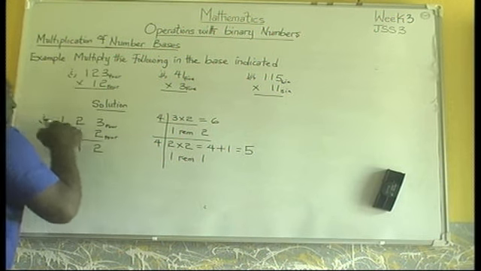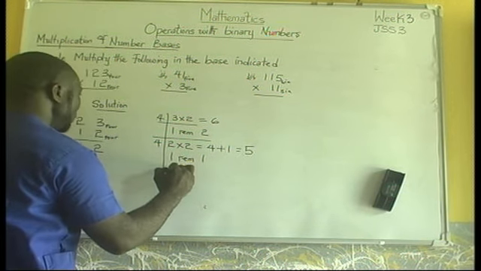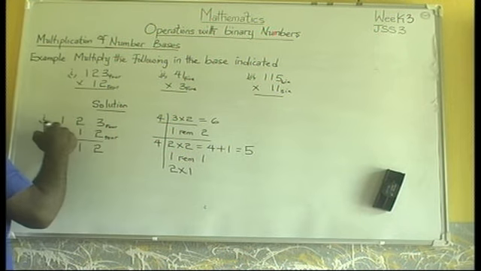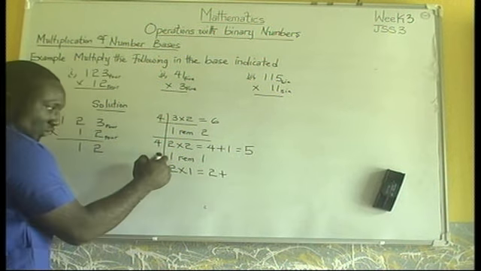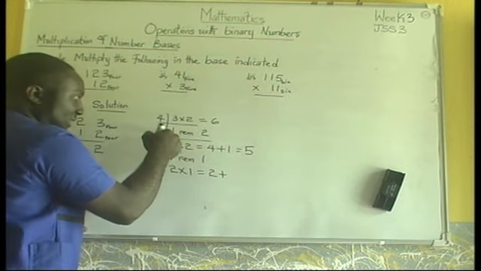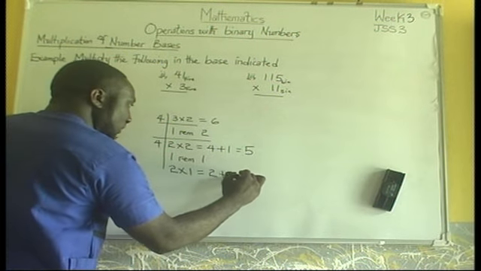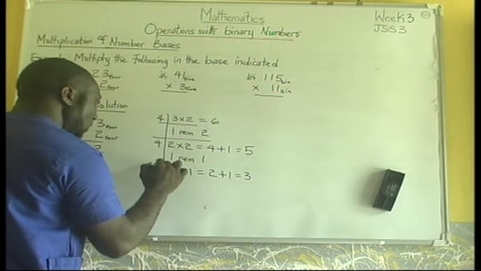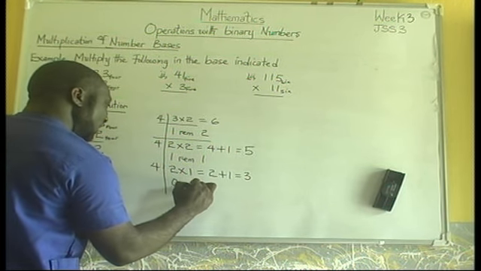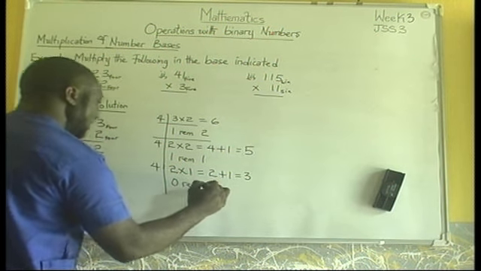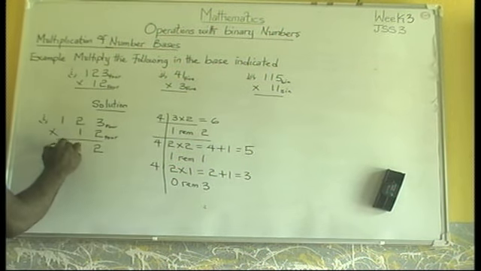Now 2 times 1 is equal to 2, plus this one here is equal to 3. Now let's operate it. 4 in 3, 0, remainder that same 3. So you now write 3.